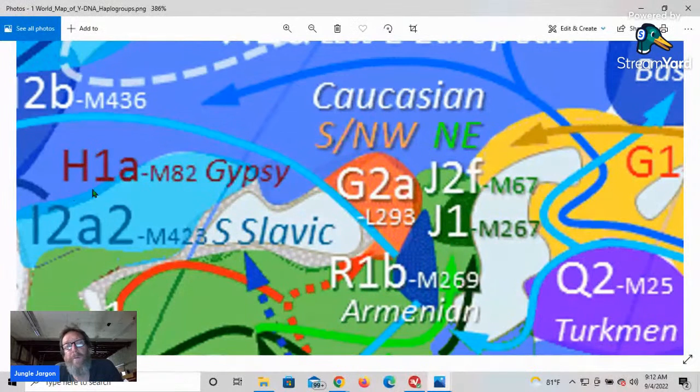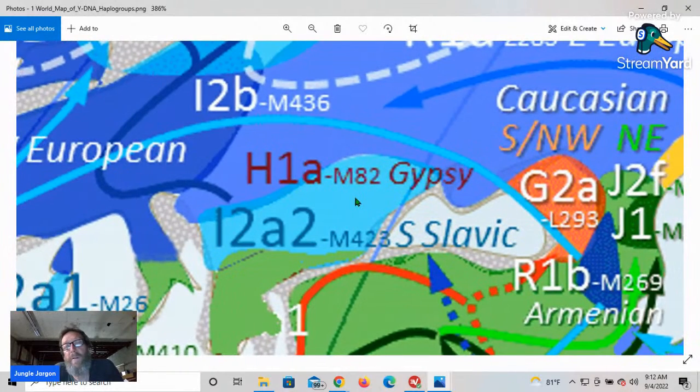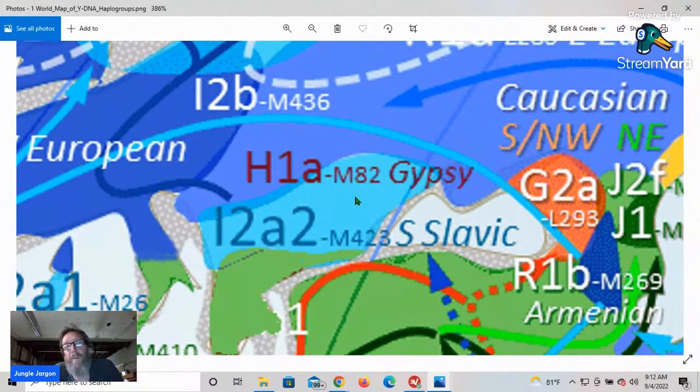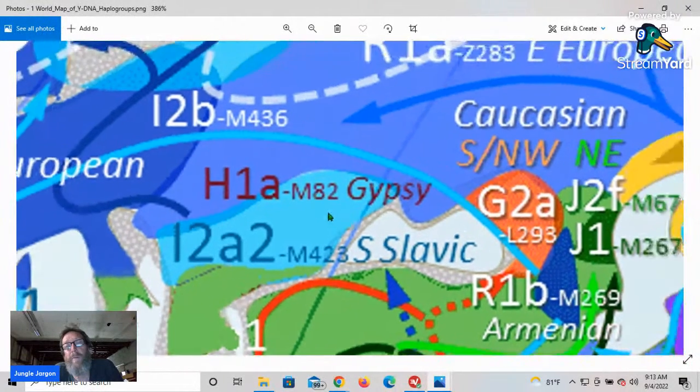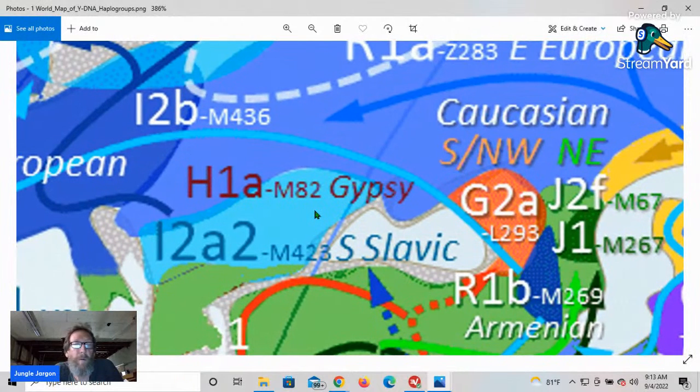Another point is that the Gypsies, this H1 population, is Elamite, but they also claim to be Judaic. Turns out that a good majority of their population is H1, the majority.